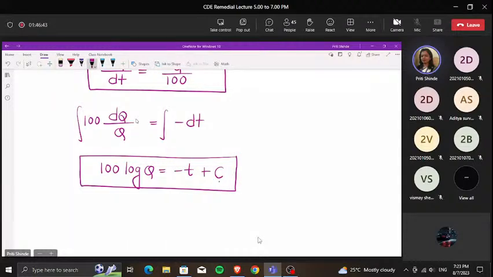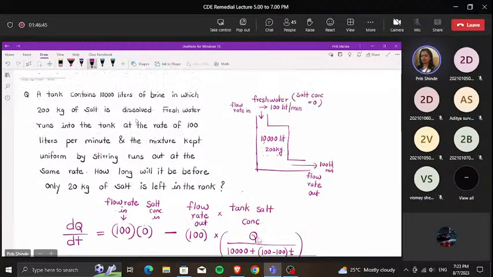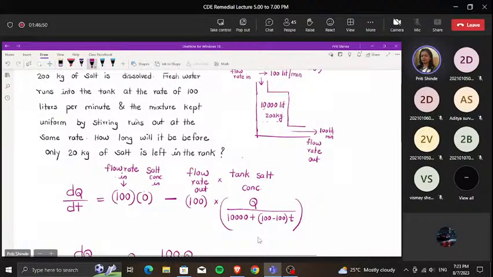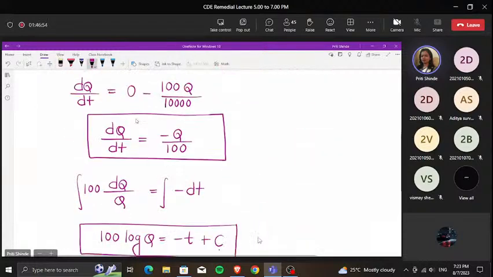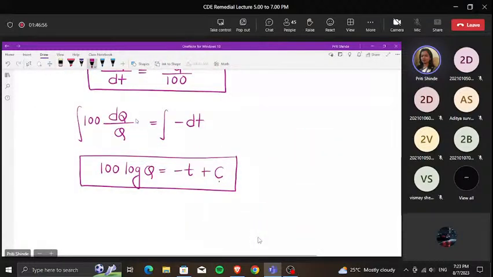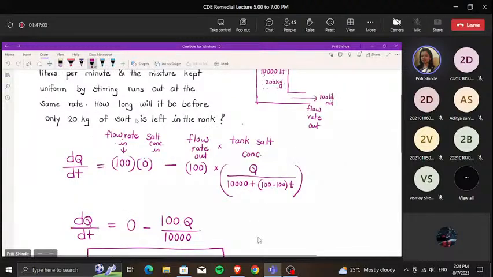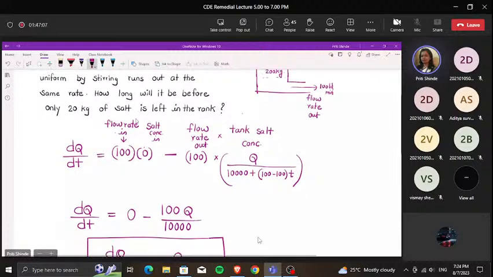To find the integrating constant, you can use the initial condition. Initially, when t is equal to 0, the initial amount of salt is 200. Using the initial condition, you can find the value of C and your final solution. Here it is asked how long will it be before only 20 kg of salt is left in the tank.